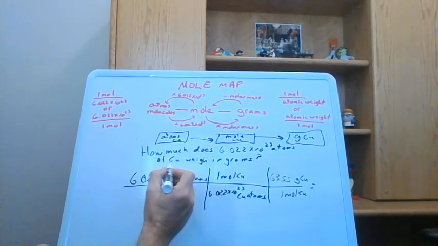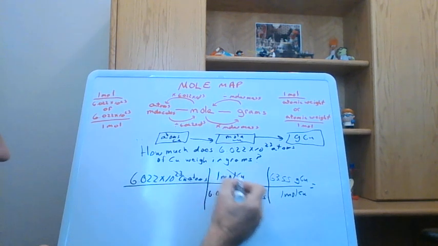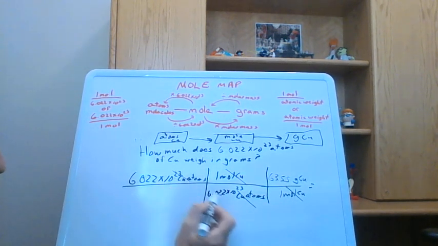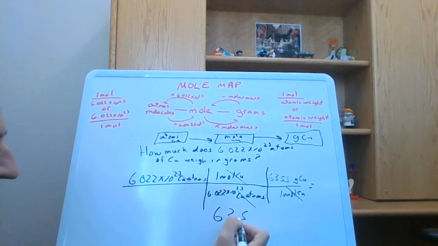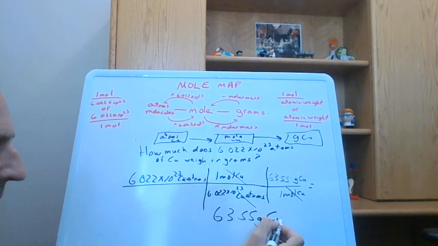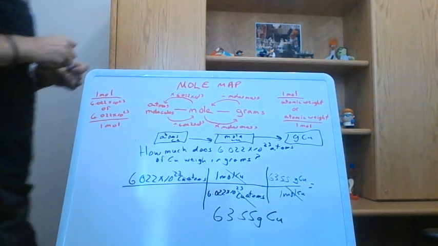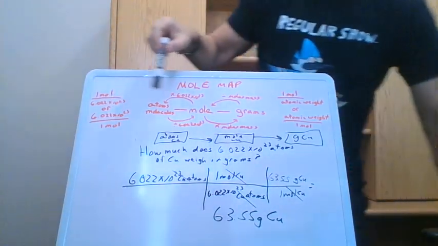Now we have our atoms of copper canceling and our moles of copper canceling, and all we're left with is grams of copper. This divided by this is going to be 1, so we're just left with 63.55 grams of copper. So that's how you would go in both directions across your mole map, and you'll probably need to practice that quite a bit.